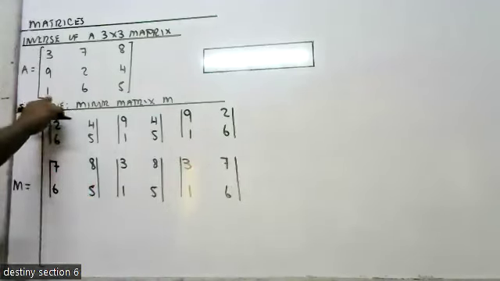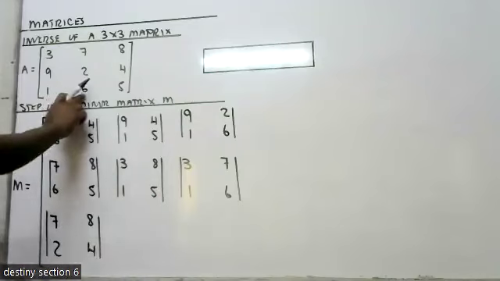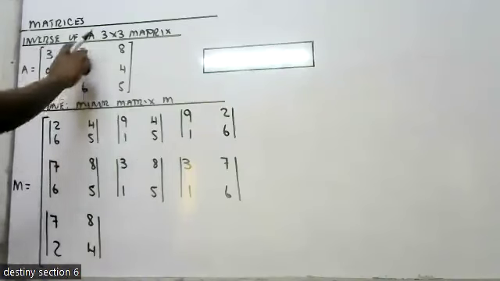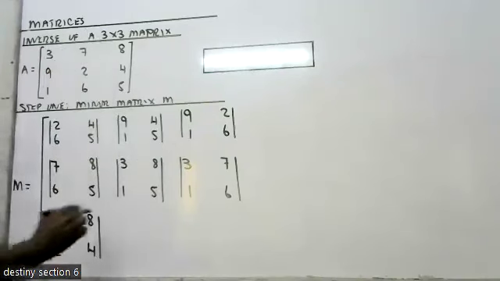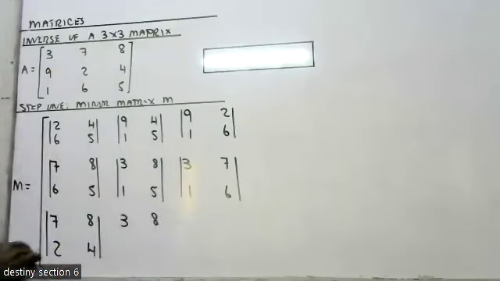When you come here, you broke this row and this column. So we have 7, 8, and 2, 4. You come where we have this 6, you broke this row and this column so that you have 3, 8, and 9, 4.